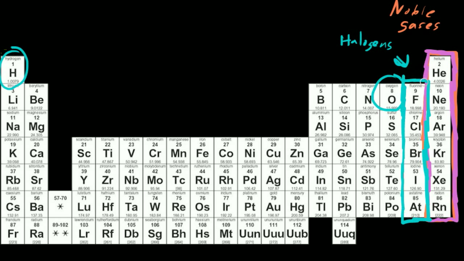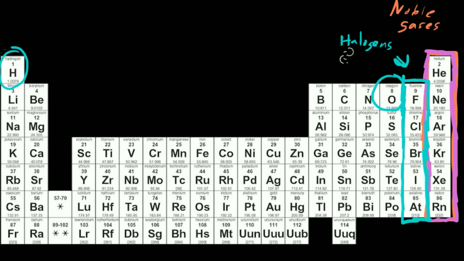In nature, you don't see the halogens unless they are bonded to something else. And we'll definitely talk about why that is more in the future. But the important thing to realize right now is that the name of this group is the halogens, and that they are incredibly reactive.